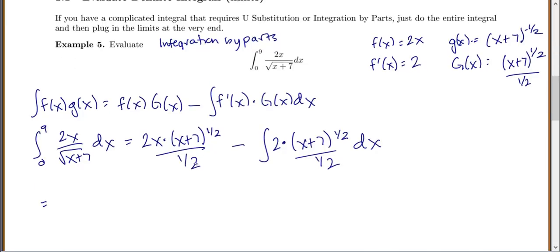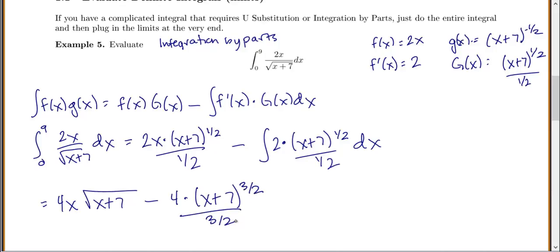Okay. This 2x divided by 1/2 is going to be 4x, and we'll go ahead and change that to the square root of x plus 7, minus, so 2 times 2 divided by 1/2 should actually be 4. Okay, now x plus 7 to the power of 1/2, we need to raise our power by 1 and divide by our new power.